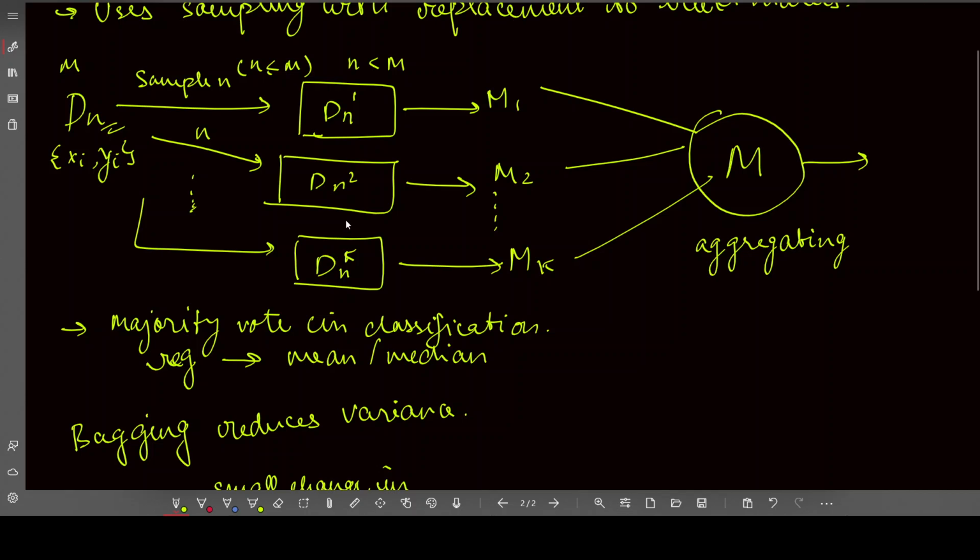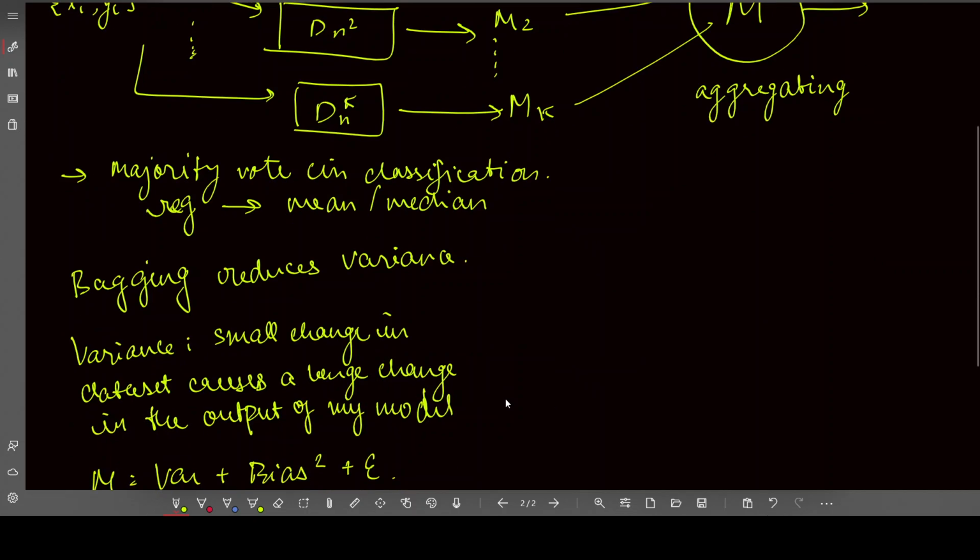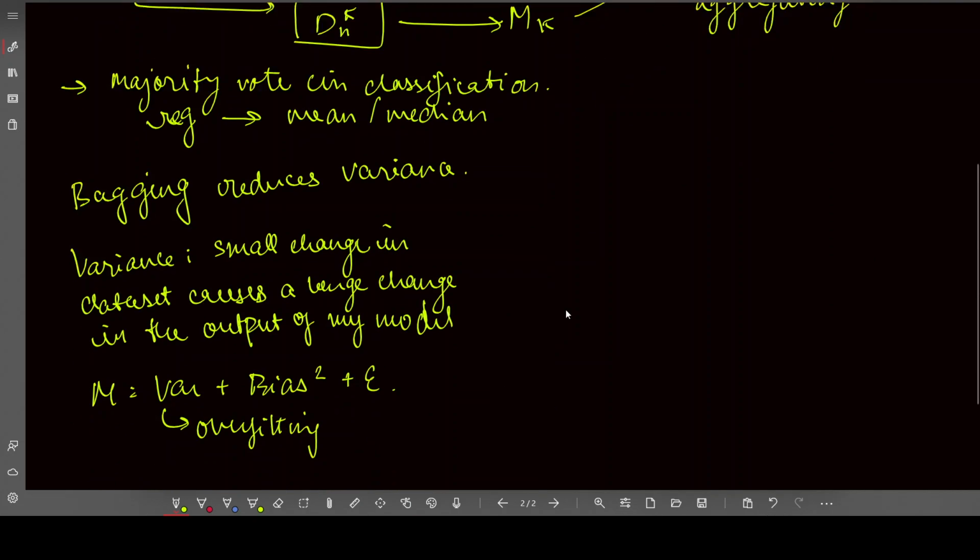A few of them do, but if I have a large number of models, not all of them will be affected. So my output from all of these models remains unaffected to a large extent. The variance is low in bagging without impacting the bias. That's the point I want to drive home.